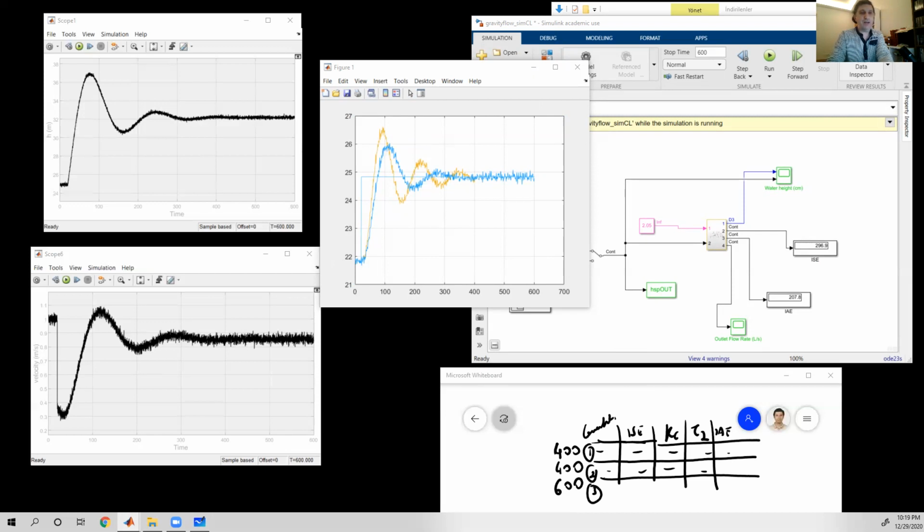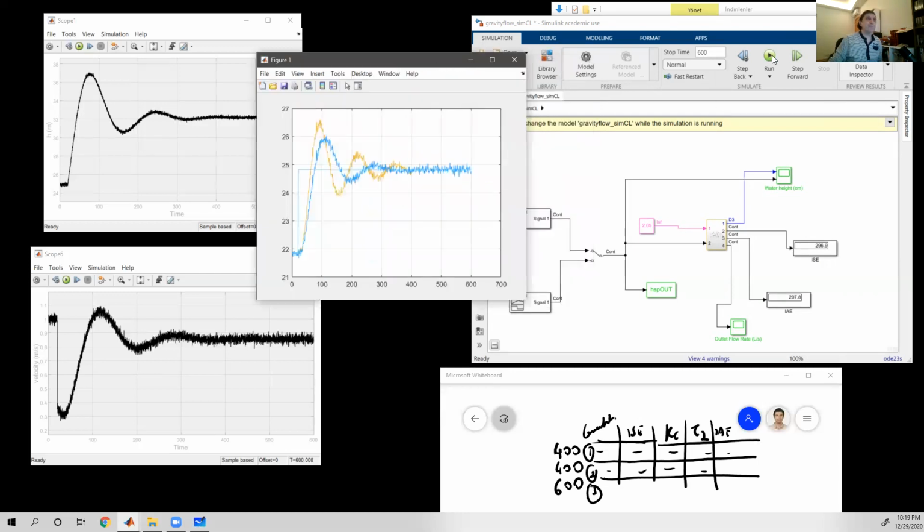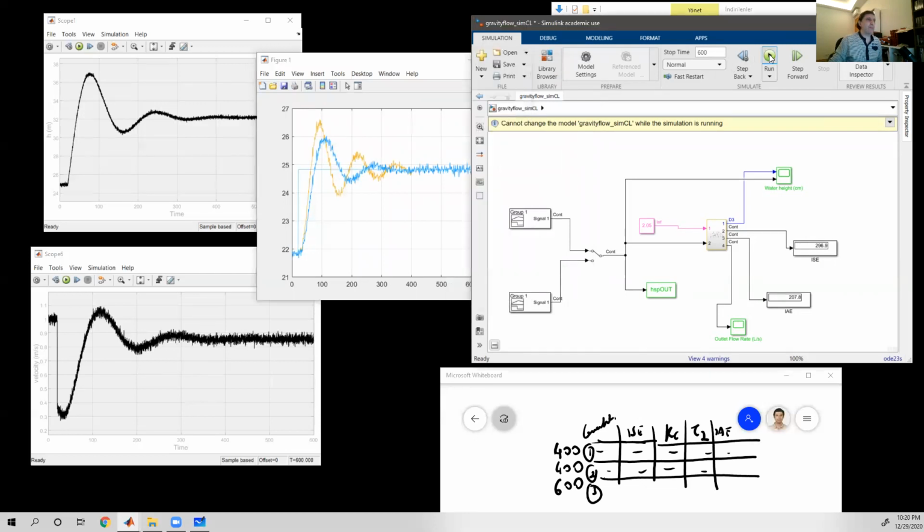So, okay, I decrease it. I'm sorry, I increase it. I decrease the action of integral action. So I increase the tau I even further. This time I do not do anything to the Kc value. It's going to make me understand what tau I does, more or less.